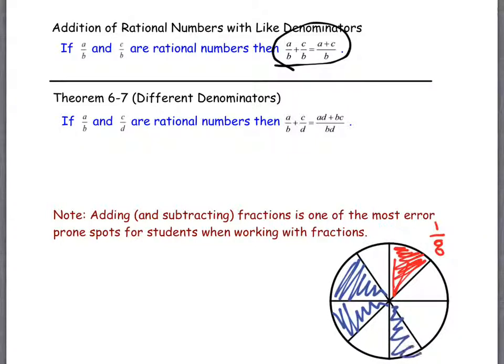It didn't have to be all together. But if you put it together, you can see that when you add the 1/8 and the 3/8 together, you get 4 out of 8, which is 1/2. And that makes sense. Half of my pie is shaded in.